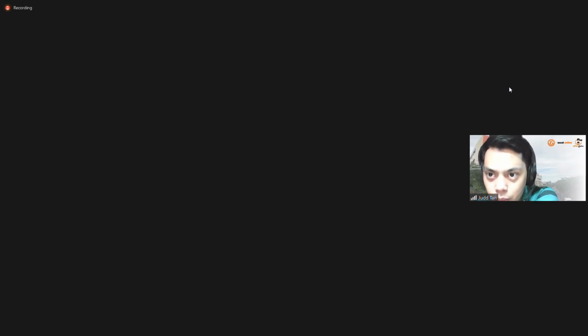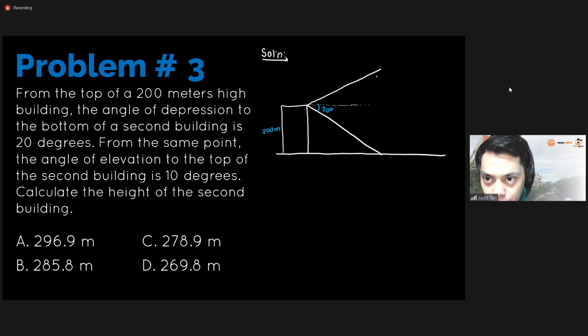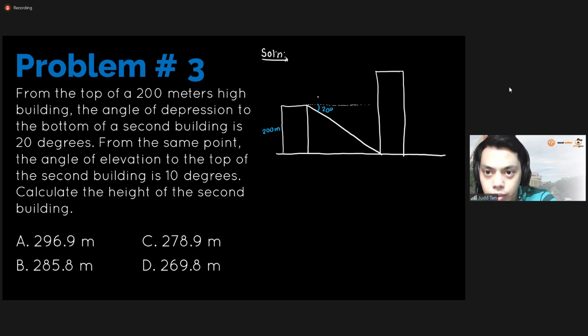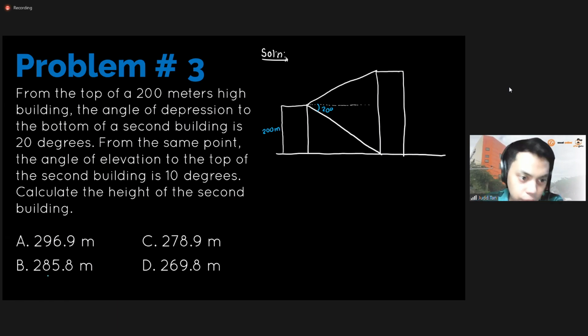Ito po yung second building natin. 10 degrees yung elevation.